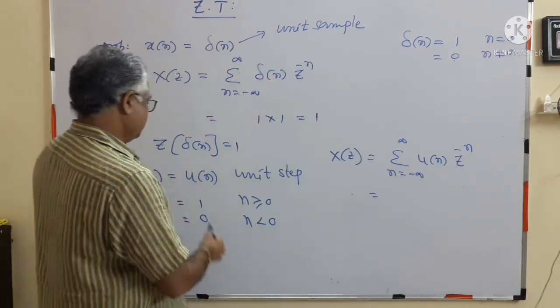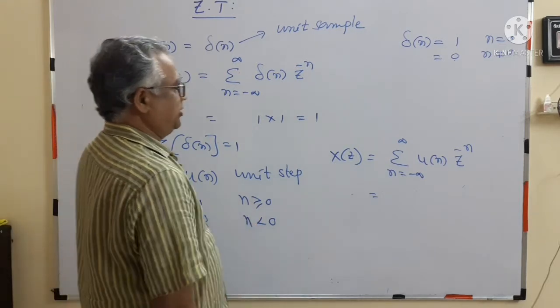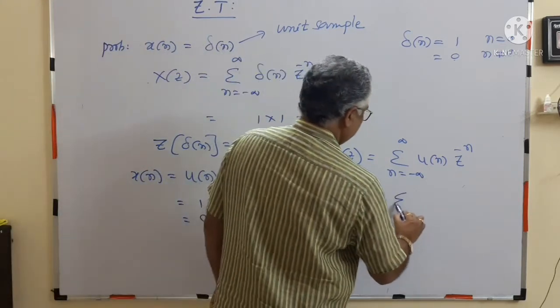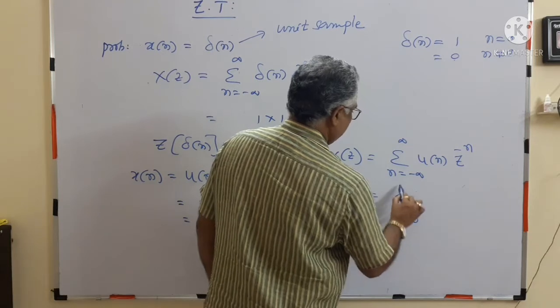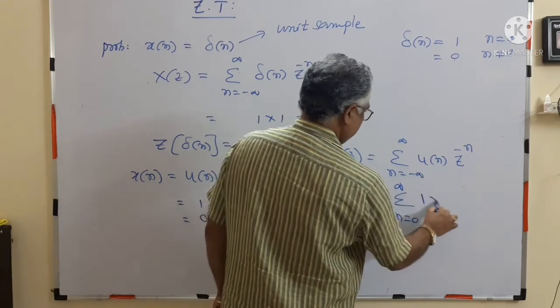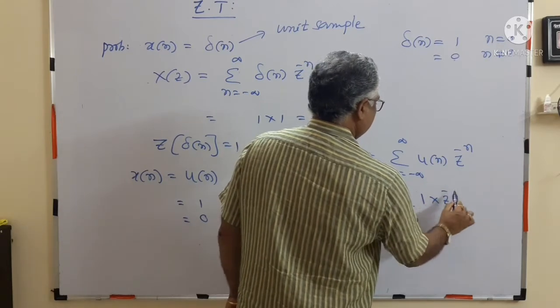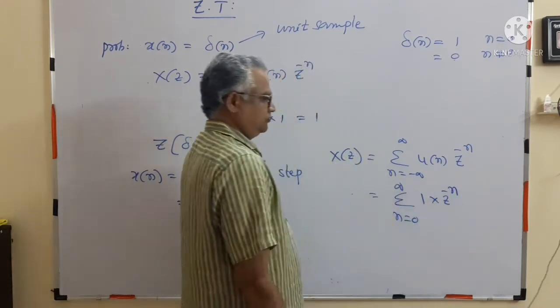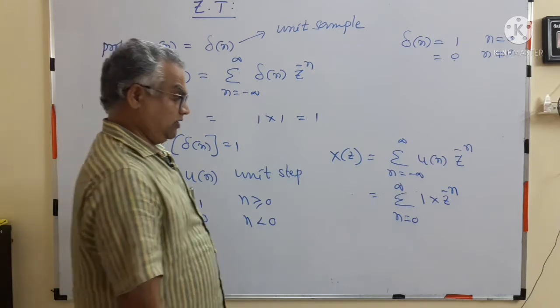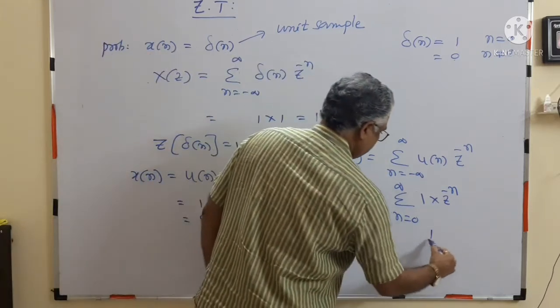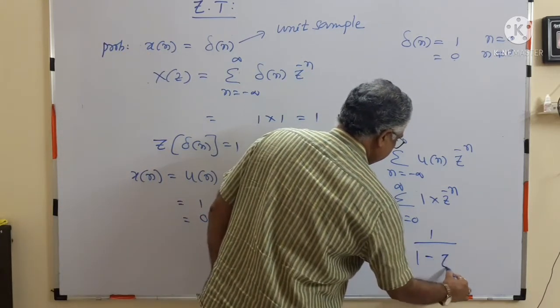But u of n is 1 from n greater than or equal to 0. So n equal to 0 to infinity, this value is 1, z power minus n. So what is this summation? 1 by 1 minus z inverse.